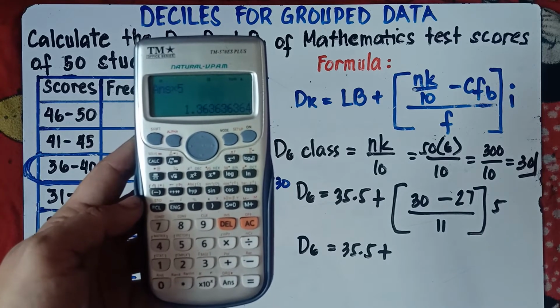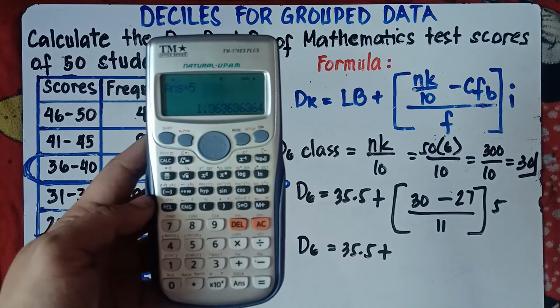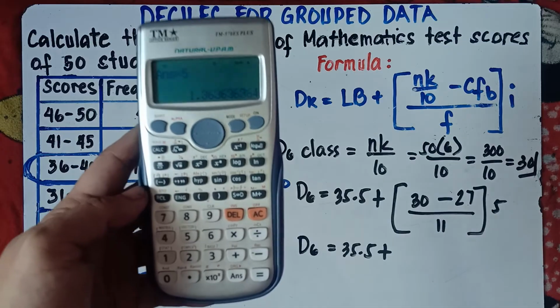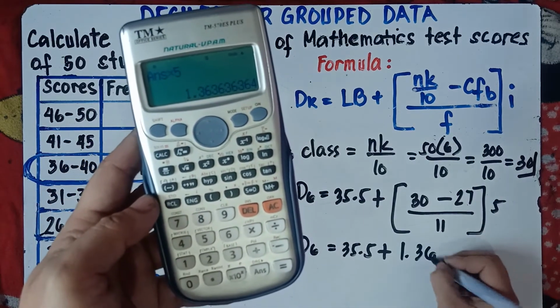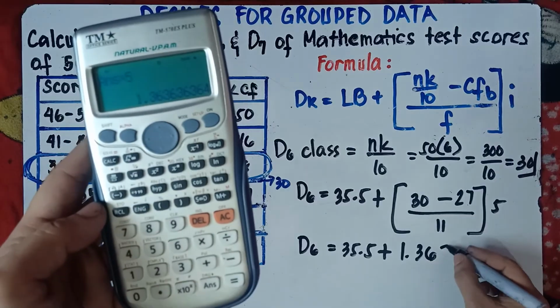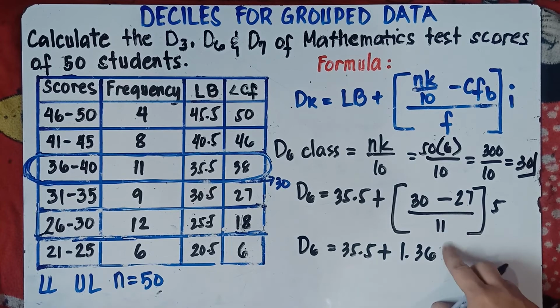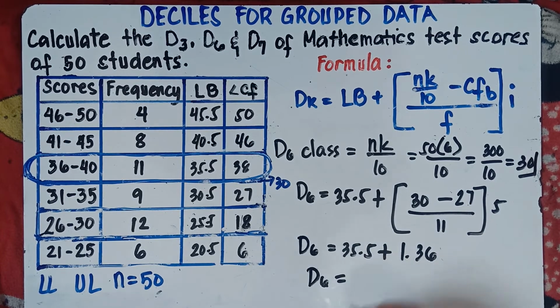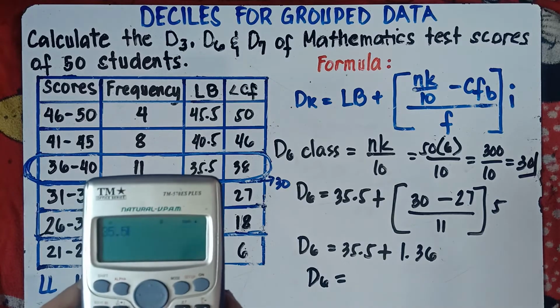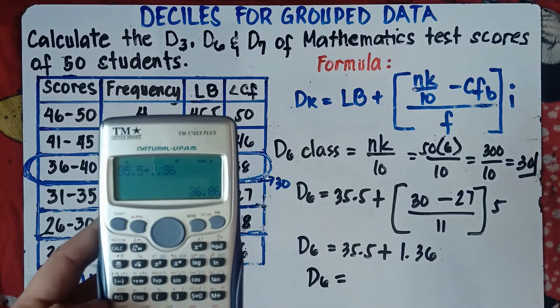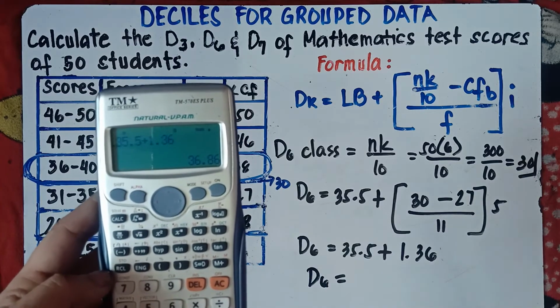After 6, that is 3, so we cannot round off because this is less than 5. So round down or simply copy 6. So this will be 1.36. Then you add: 6th decile will be 35.5 plus 1.36 equals, our answer is 36.86.